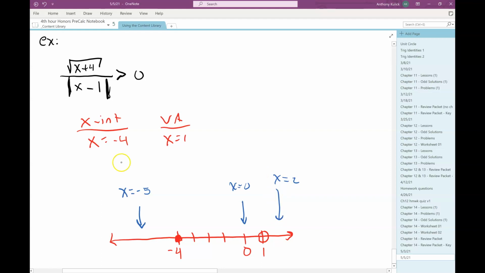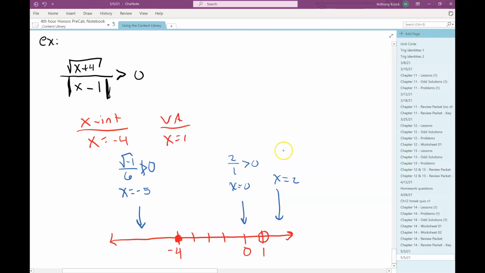So if I plug negative 5 in, I have the square root of negative 1 over 6, which is definitely not greater than 0 because it's imaginary, right? It's a square root of a negative. Are you good with that? If I plug 0 in, I have 2 over 1, which is greater than 0.